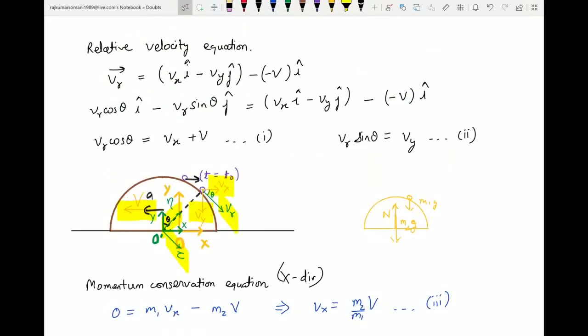Substitute the value of Vx from equation 3 into equation 1 and find out the velocity V of the hemisphere in the yellow frame of reference in terms of Vr.